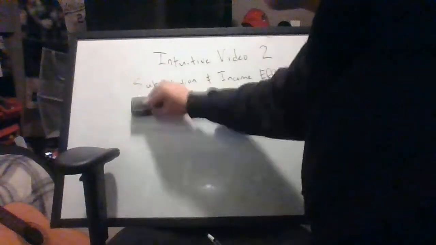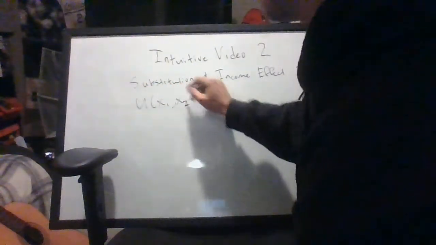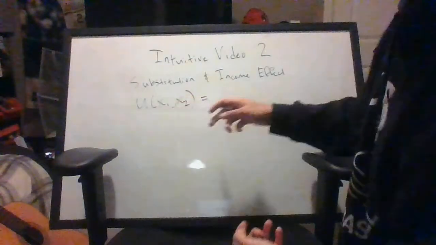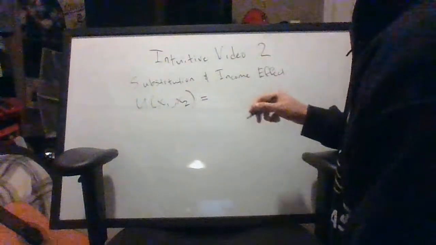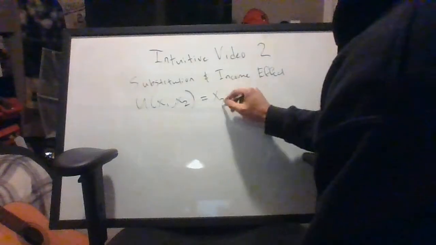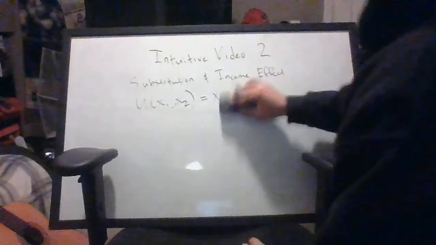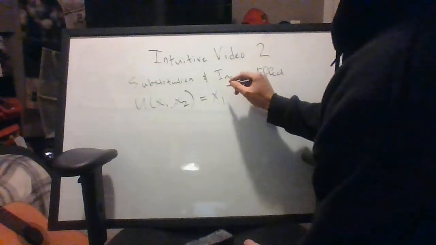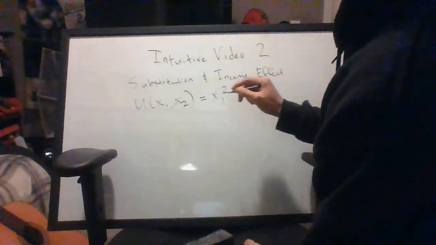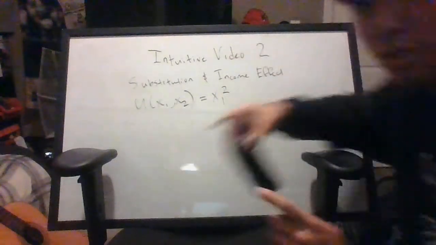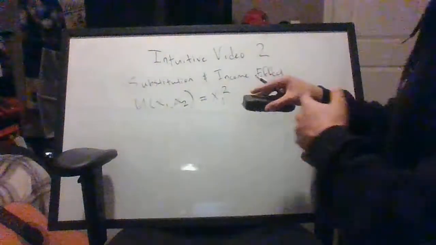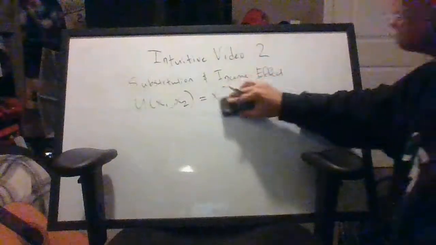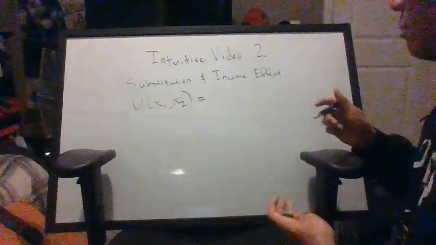let's take a look, right? And we're going to be just coming up with numbers on the spot. Let's say that utility of x1 and x2 is equal to, let's say, x, that's wrong. Let's say that it's x1 squared. Actually, you know what? This is going to be a good one. We're actually going to combine substitution and income effect with a quasi-linear problem, okay?